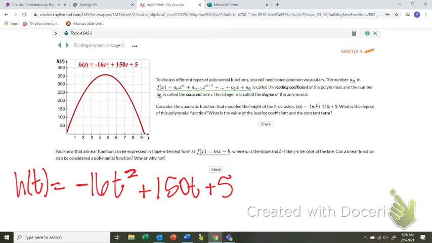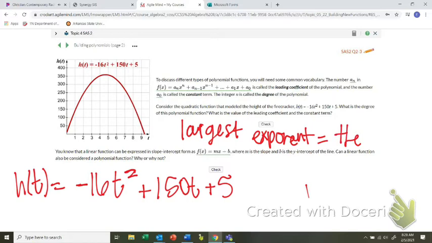I want us to write on number 2: largest exponent equals the degree.